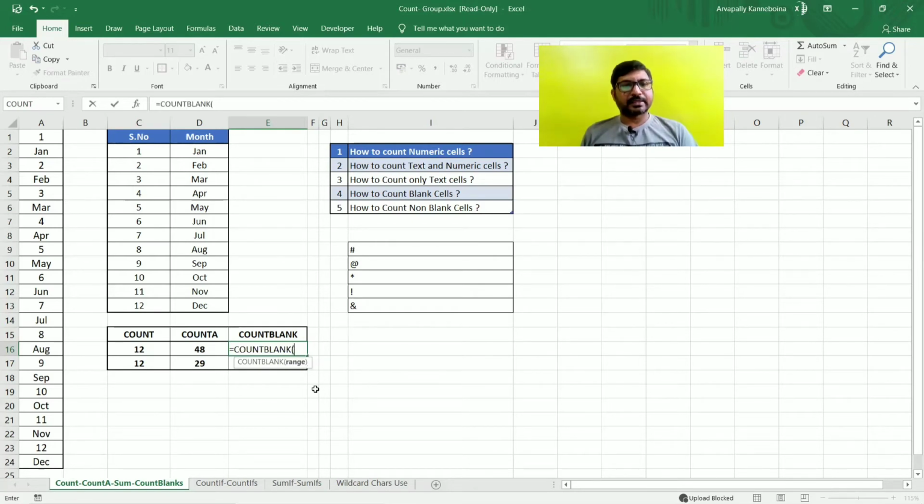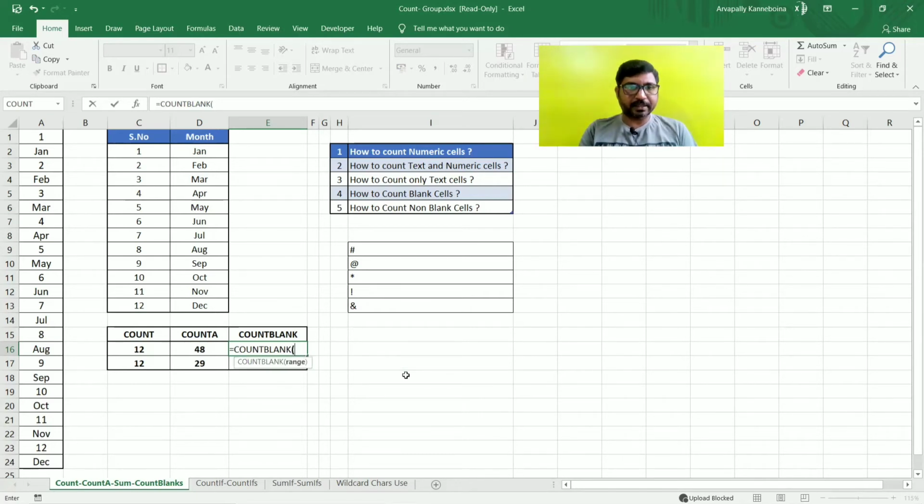See the meaning, what should this count blank formula do? It counts the number of empty cells in a specified range of cells. This formula counts only the blanks in the specified range, not the others. Definitely it's a selected range, right? Specified means selected.